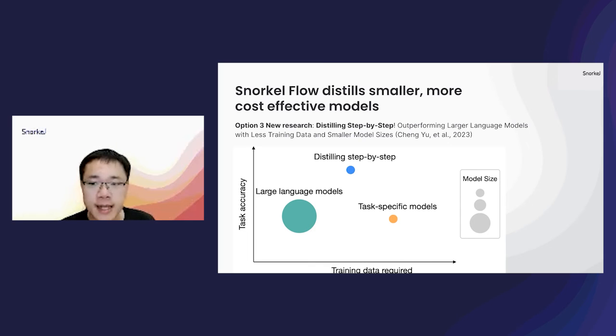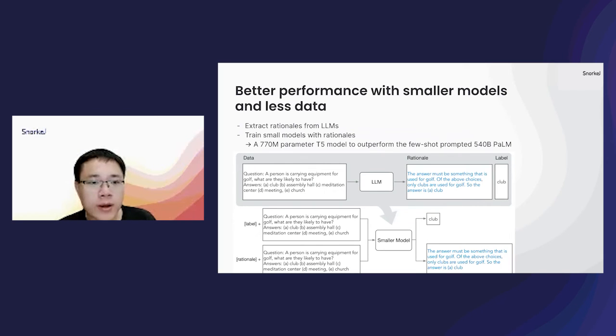So I'll discuss in more detail what distilling step by step means. Instead of the previous approach, where you're only teaching the smaller models with the label, here you're also extracting the rationales from large language models. And then you train a smaller model with both the rationale and the label.